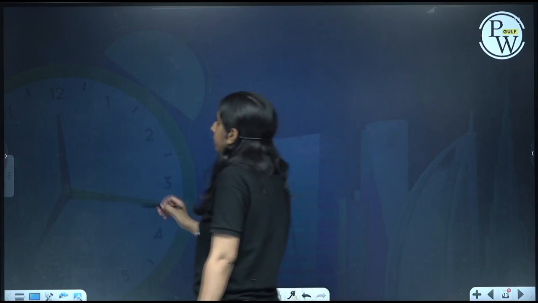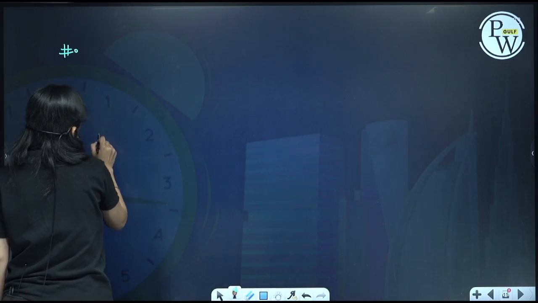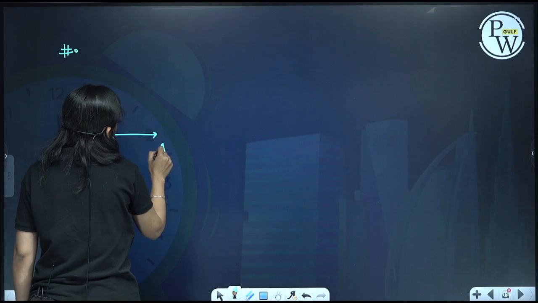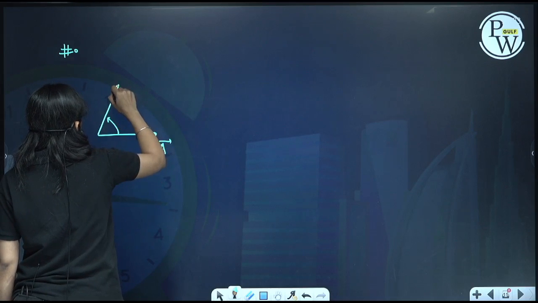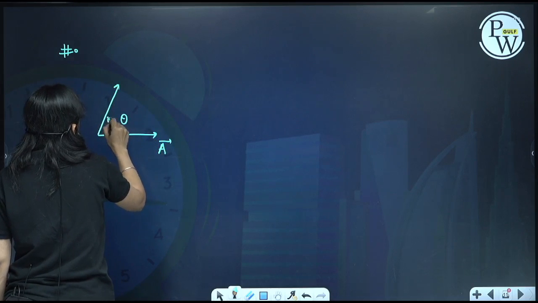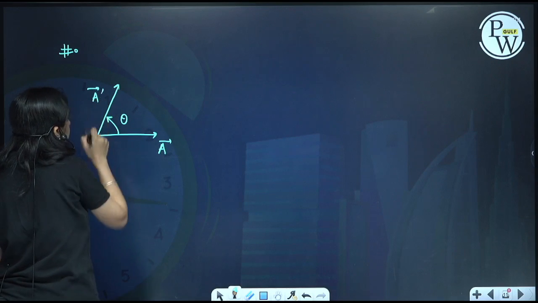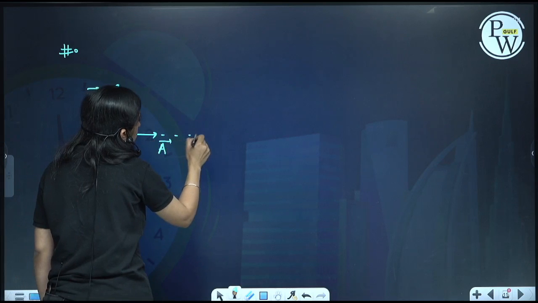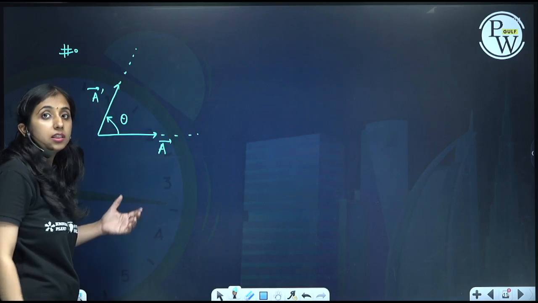Now if I have a vector and I rotate it by some angle theta, this was my A vector and I rotate it by some angle theta like this. Now this will be my A prime vector. Direction of A vector is this. Direction of A prime vector is this.